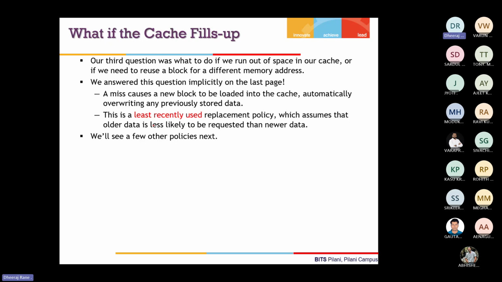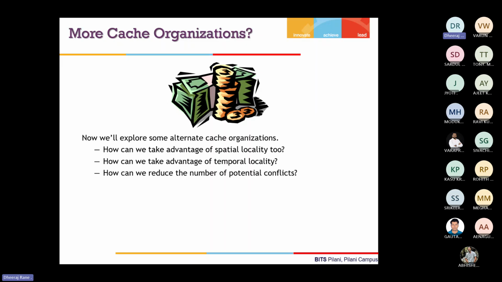What if the cache fills up? Obviously, the third question that we asked. Ultimately, some replacement algorithm is utilized, and based on that replacement algorithm, we have to make a decision. There are cases where we can use the logic of spatial locality, what Ajit specified, and the logic of temporal locality.